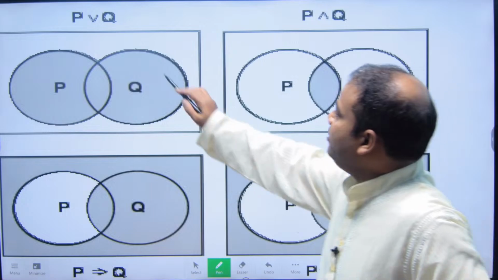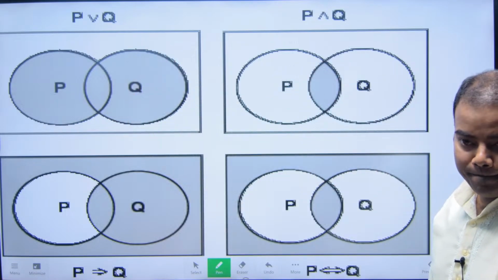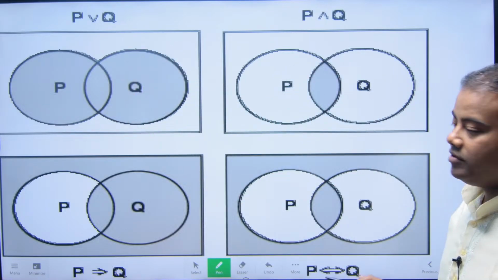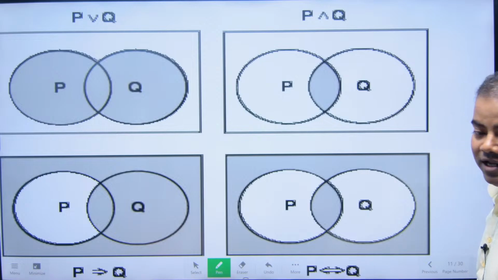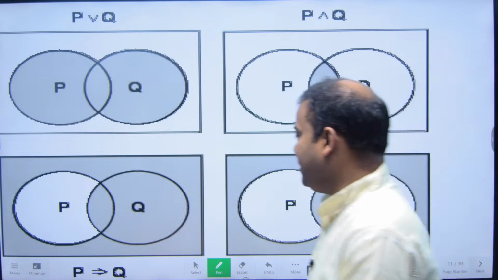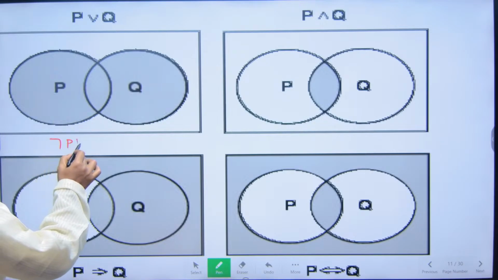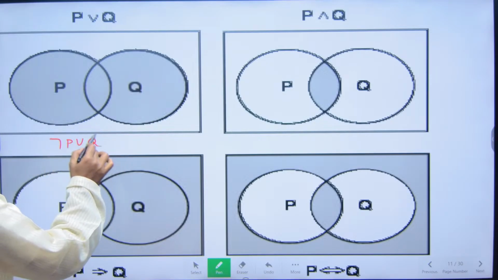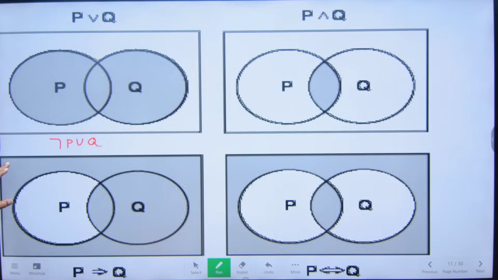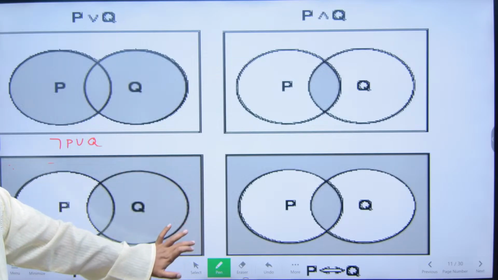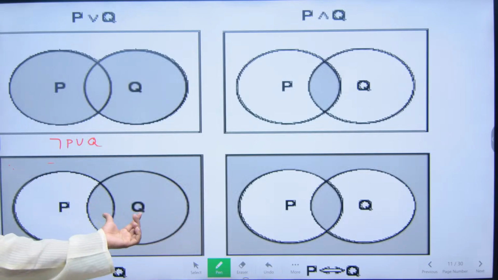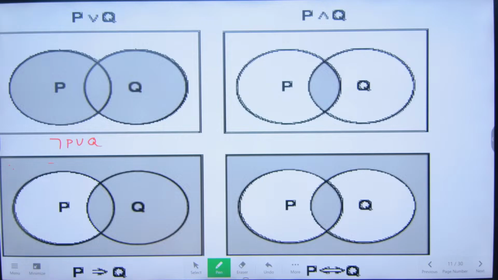So what is P or Q? That is clear. P and Q is also clear. Now if P then Q, what is if P then Q? Not P or Q. So not P means these regions are also shaded, or Q. Is it clear?